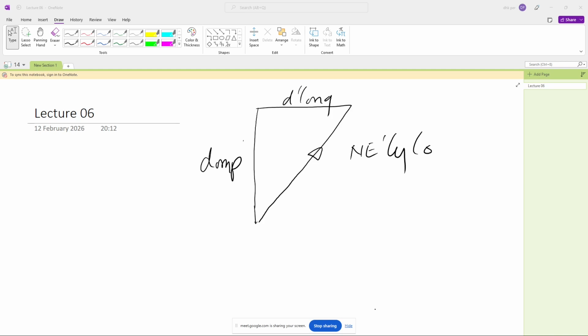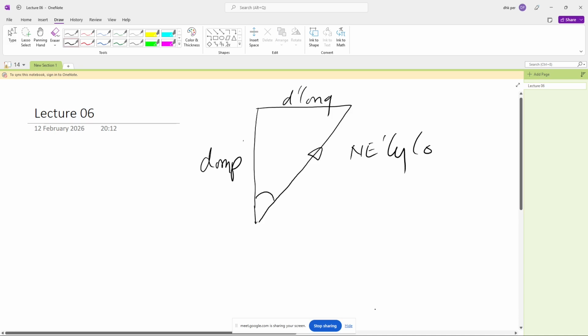So now let's go ahead with Mercator sailing. Here you can see this is going to be the course if it is northeasterly. Now here we can easily derive the formula: tan course is equal to D long divided by DMP.